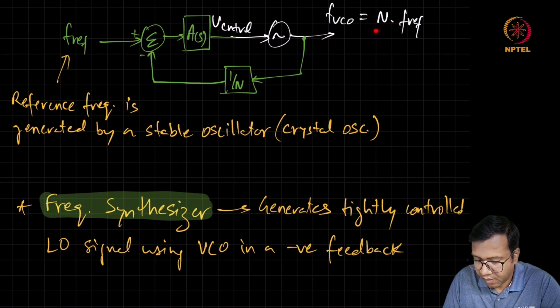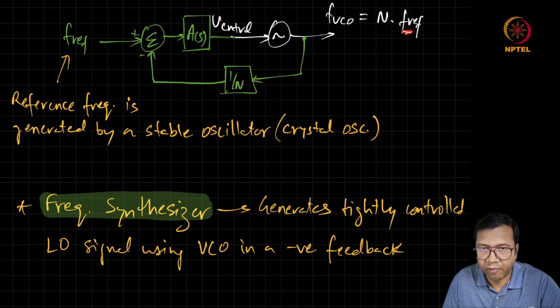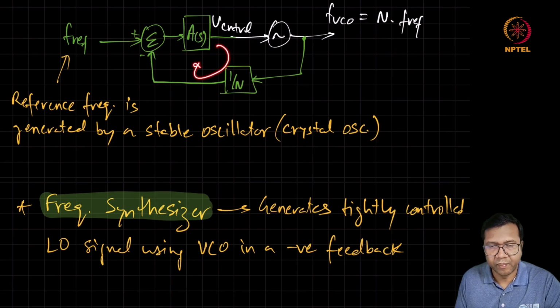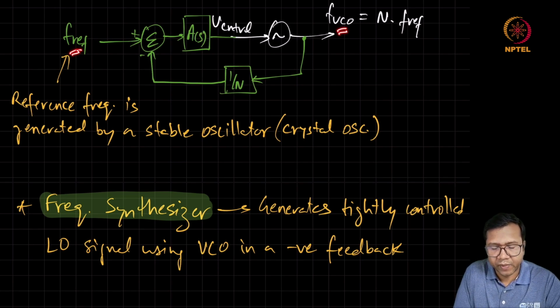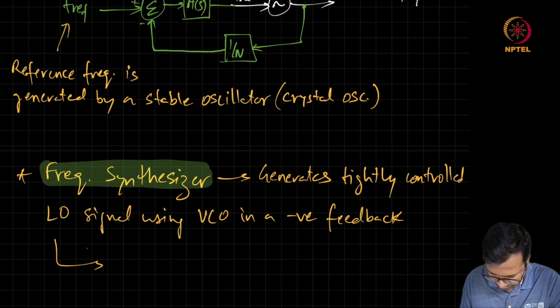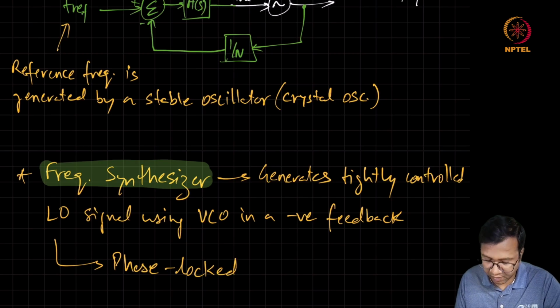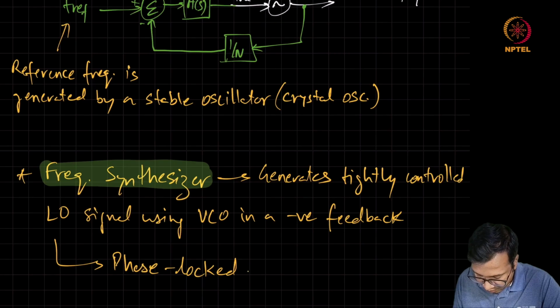As we have seen, not only this frequency, even the phase of this output frequency is very important for the application. So we create this negative feedback such that the output phase of the VCO is also tightly controlled by the input phase of the reference oscillator. Such negative feedback loops are called phase locked loops or PLL.